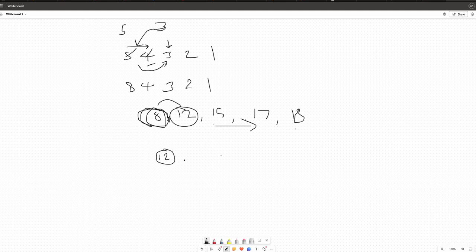Suppose we have the second element: the current sum is 12, and all the numbers after it are as they were before. None of them has been deleted. So we will compare the current number with all these numbers. If this number is greater than all of them, then this candidate has already won the election.